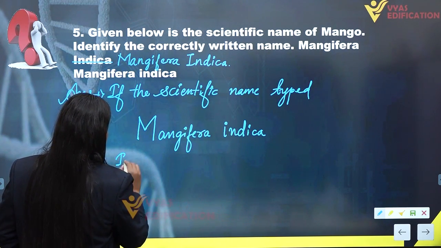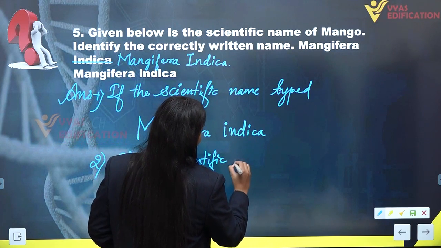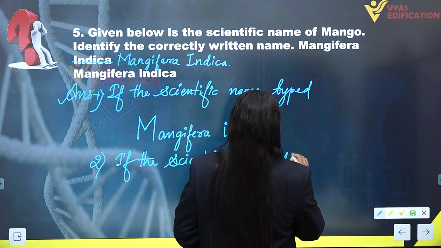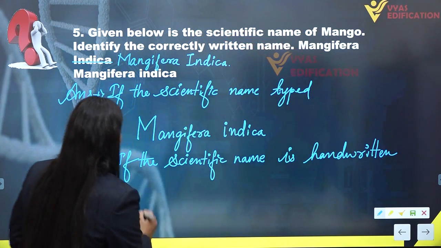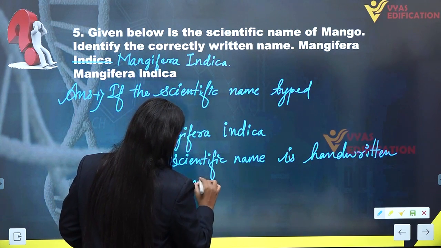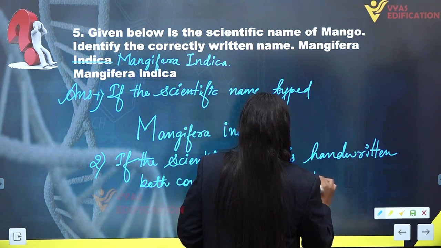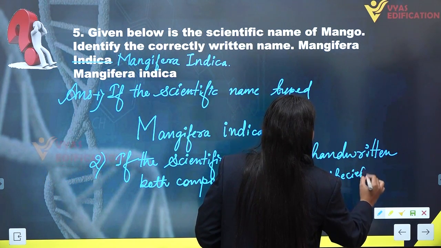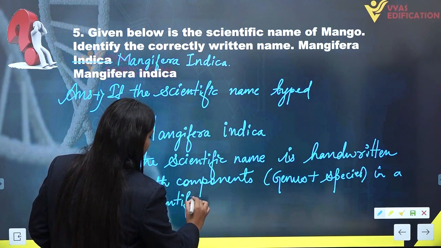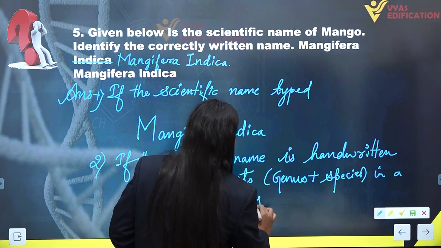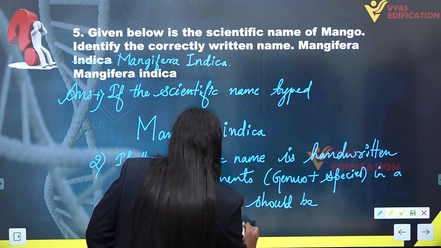So if the scientific name is handwritten, both components, such as genus and species in a scientific name, should be underlined, but underlined separately.